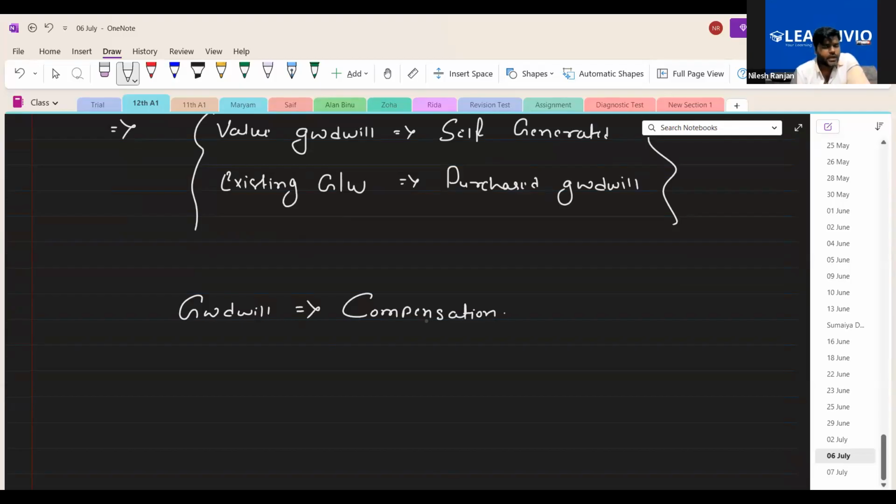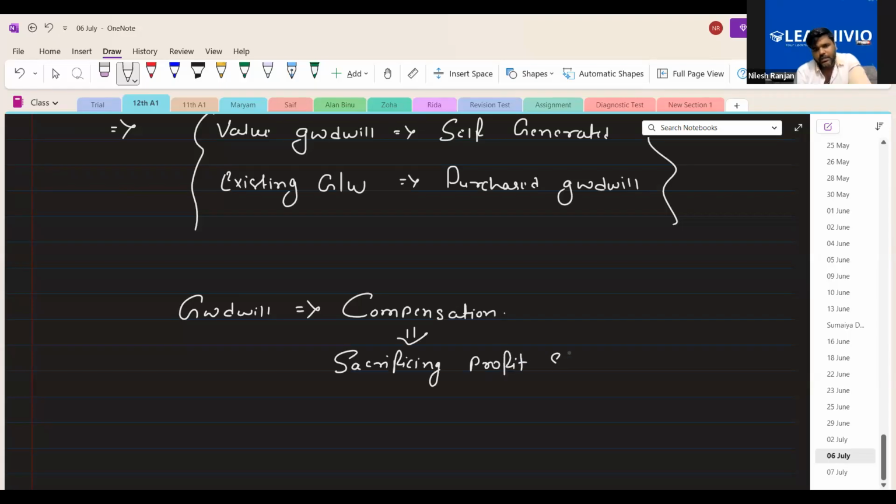Anyone? Sacrificing their share. Sacrificing the profit share. Very good. So it is compensation for sacrificing the profit share.